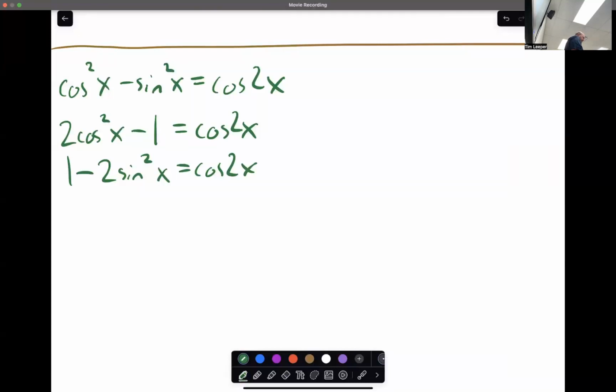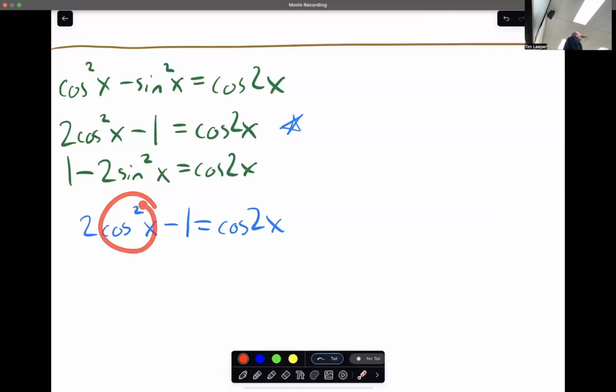Now, I'm going to take this middle one here: 2 cosine squared of x minus 1 equals cosine of 2x. I'm going to solve for the cosine of x, which is over here on the left-hand side. To do that, I first need to add 1 to both sides.